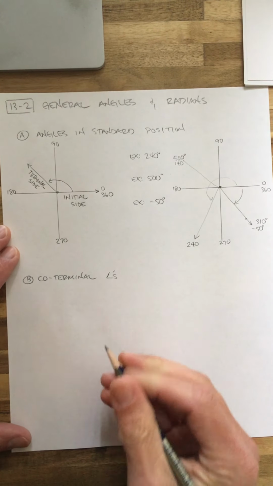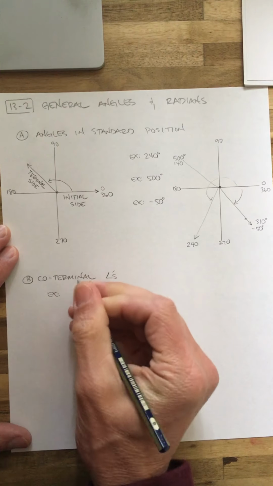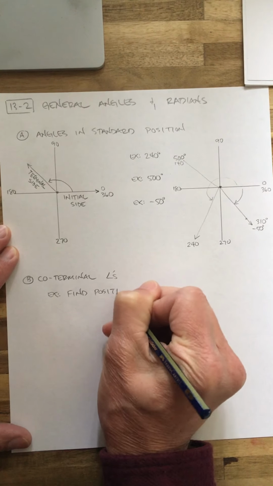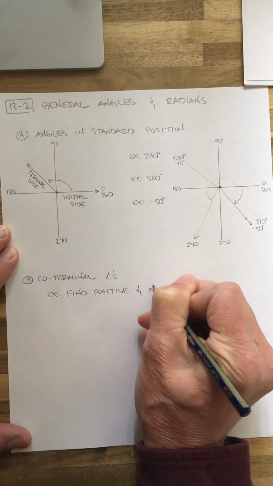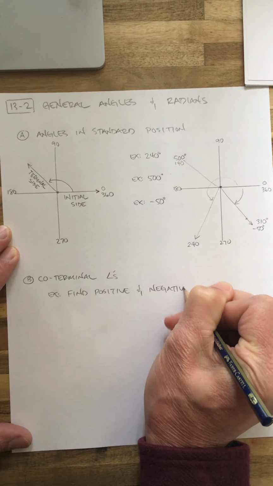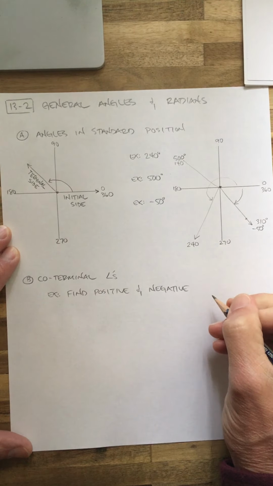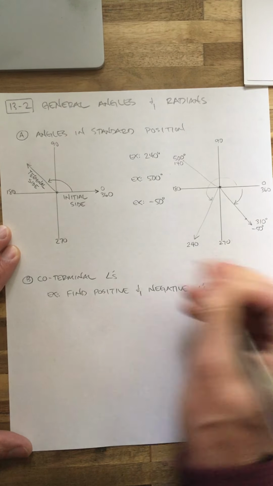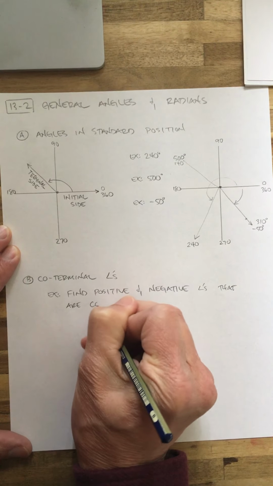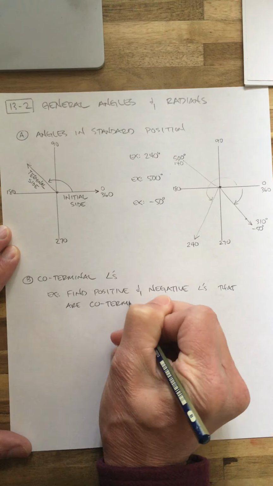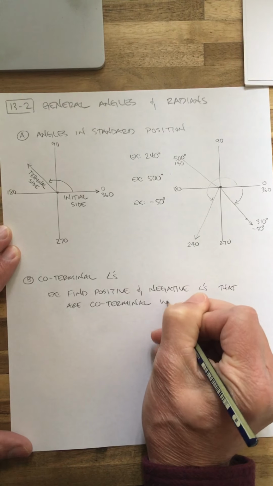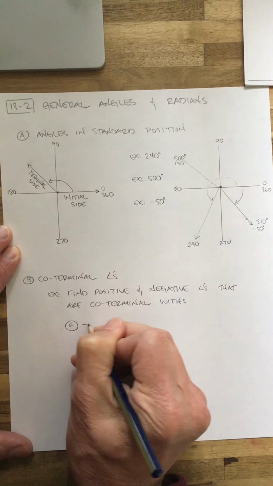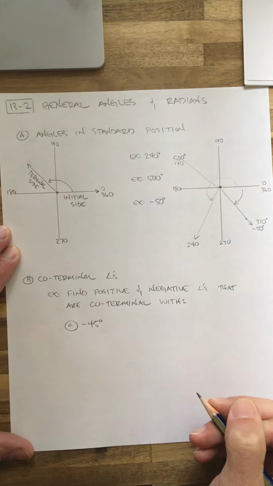Let's do an example: find positive and negative numbers or angles that are coterminal with... and let's do two examples. Negative 45 degrees, there's our first example.